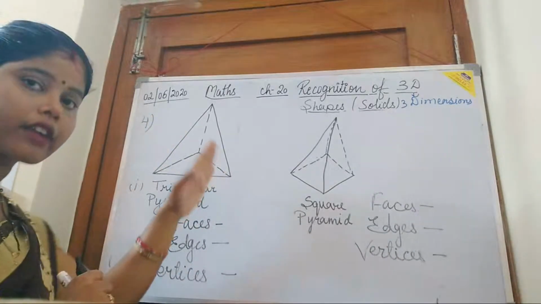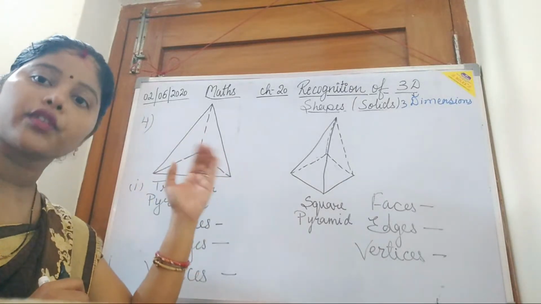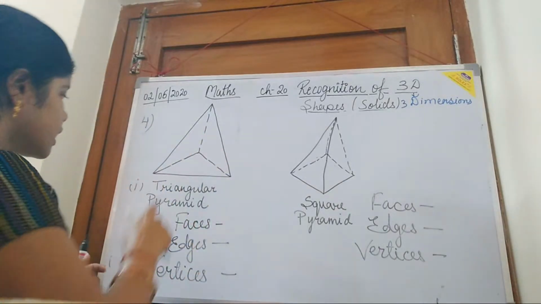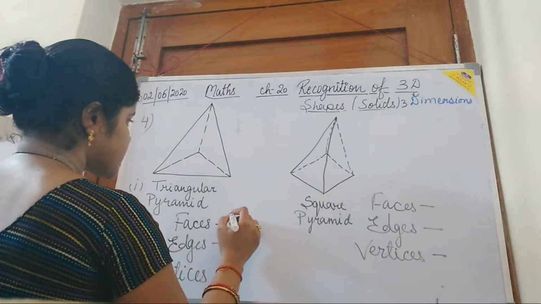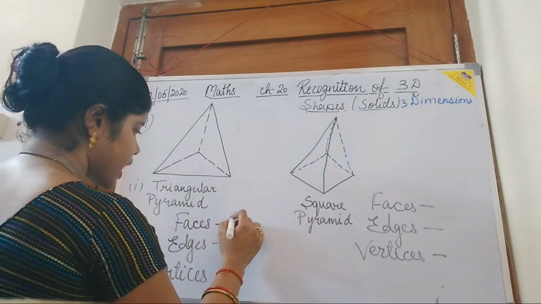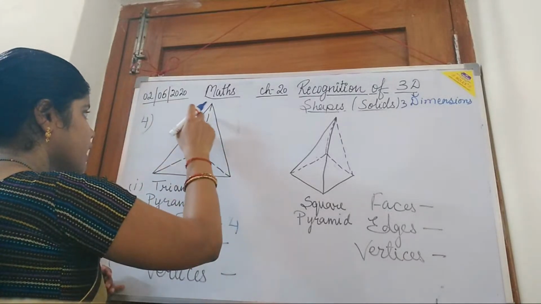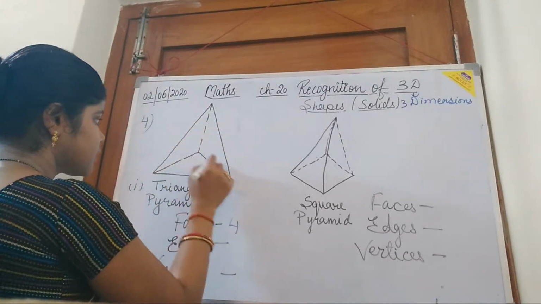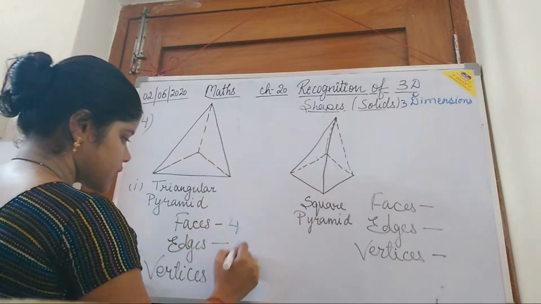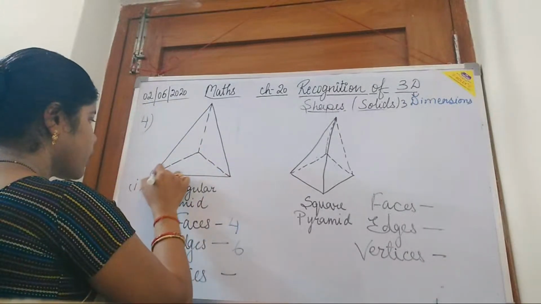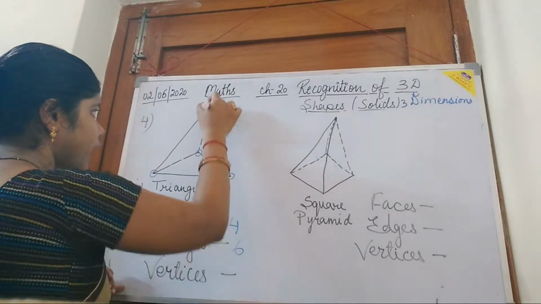But its lateral faces or side faces are in a triangle shape. So in the triangular pyramid we have 3 triangular faces and the base as a triangle, so 4 faces. Edges 1, 2, 3, 4, 5, 6. So edges are 6, vertices 1, 2, 3 and 4.